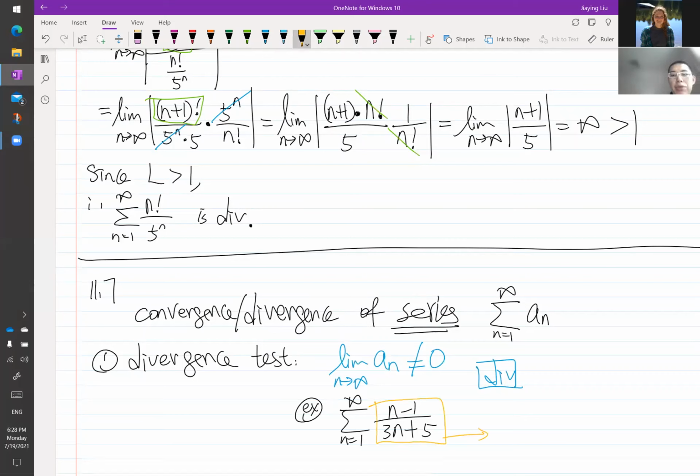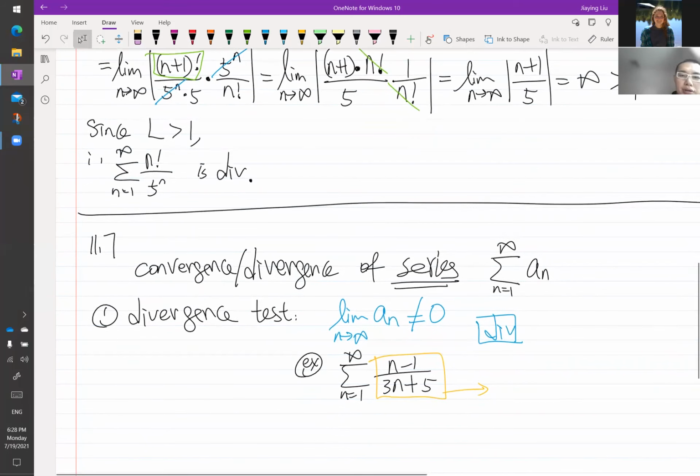If we take the limit, we know what the value is, and then we can see it's divergent because the limit is not 0. So if you have some example like that, try the divergence test.